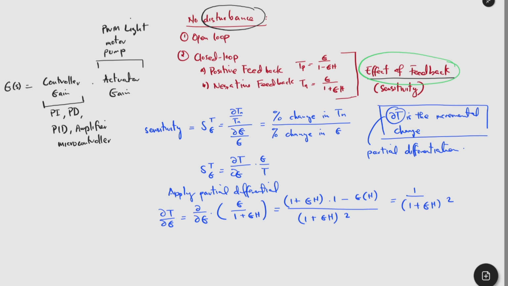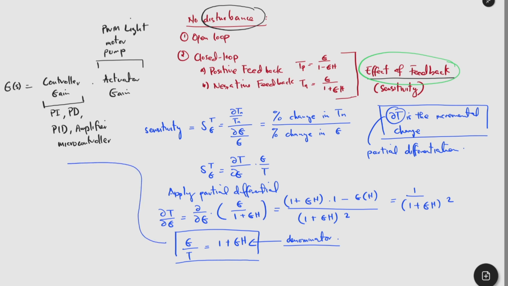Now with this equation, we should get G/T, which is equal to 1 plus GH. So when we substitute this equation, we can see the sensitivity based on the partial differentiation with respect to G, and this equation represents the denominator of the overall transfer function.